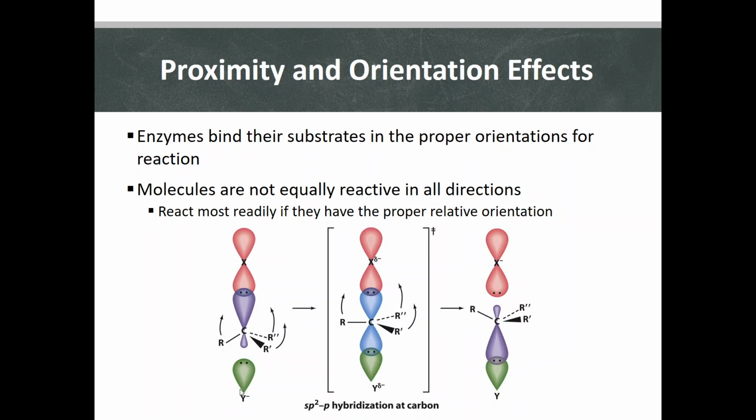It's attacking along the direction that is opposite to the original substituent, such that you're going to have a transition state that has both your leaving group and your incoming nucleophile attached, but ultimately your leaving group is going to leave and your incoming group is now covalently attached via orbital overlap.